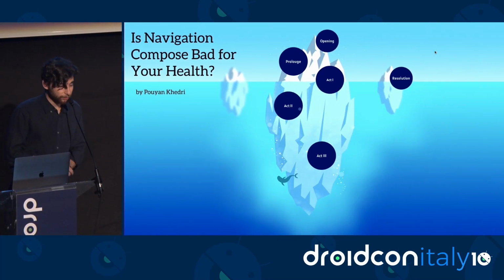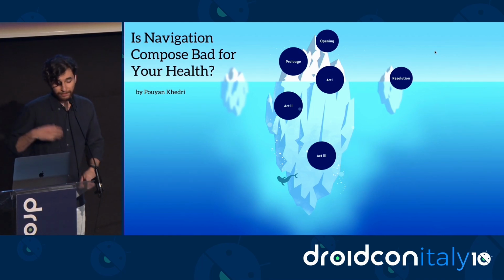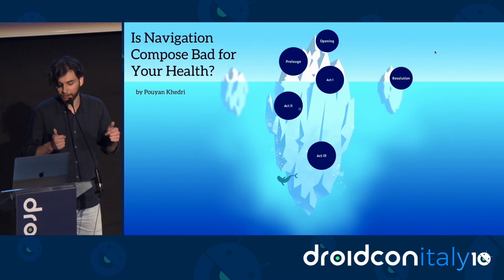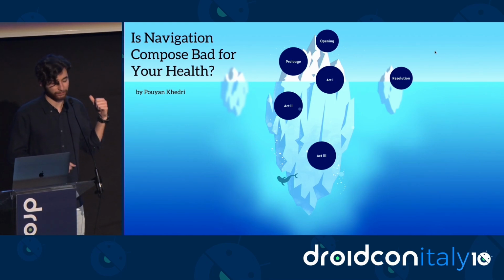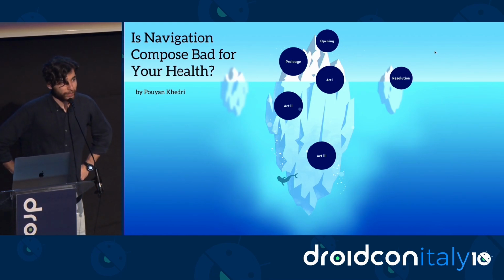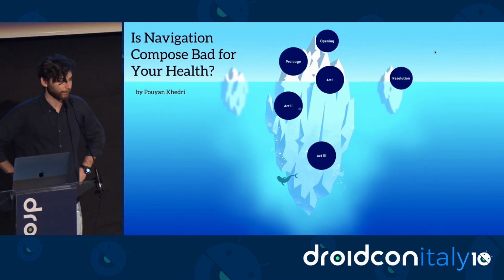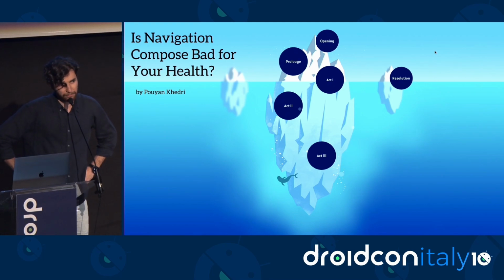If you're still interested, I have 3 use cases here as 3 acts, but before we get inside the acts, let me tell you something about the background of my presentation. Well, there are 2 reasons that I'm using an iceberg as the background. The first one is that using Navigation Compose seems easy.